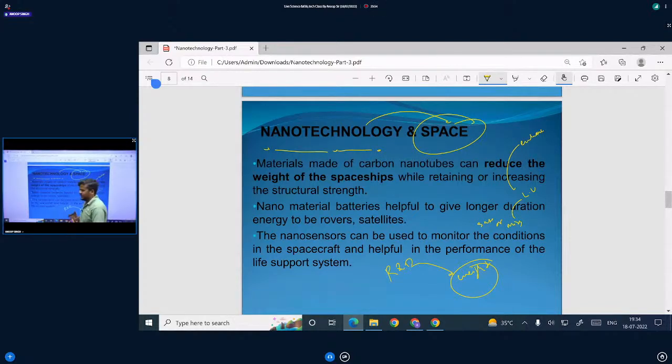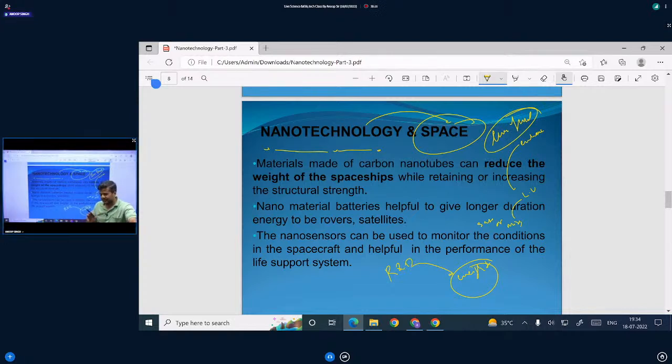Because if the weight of the launch vehicle, satellite or mission is reduced, then it is easier to uplift them into space. It also requires less amount of fuel.